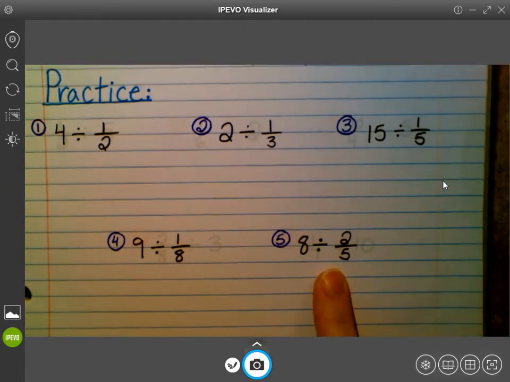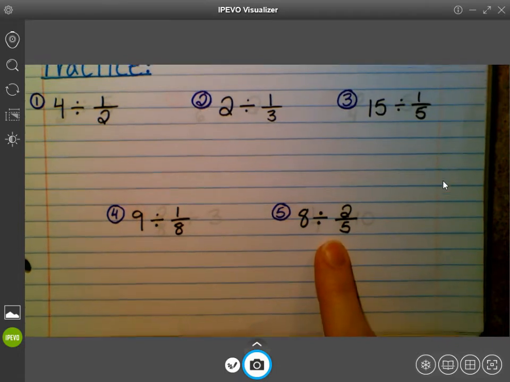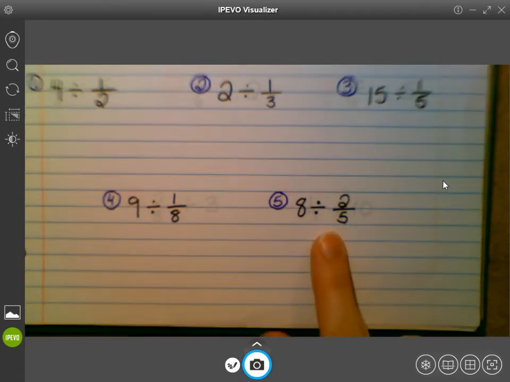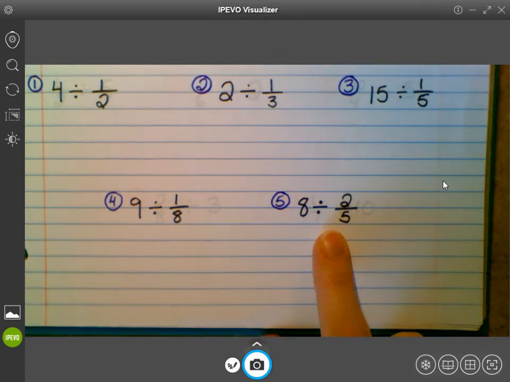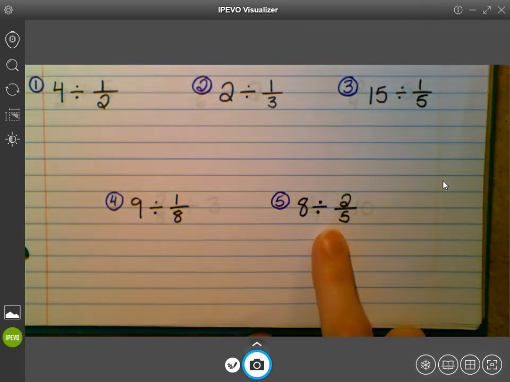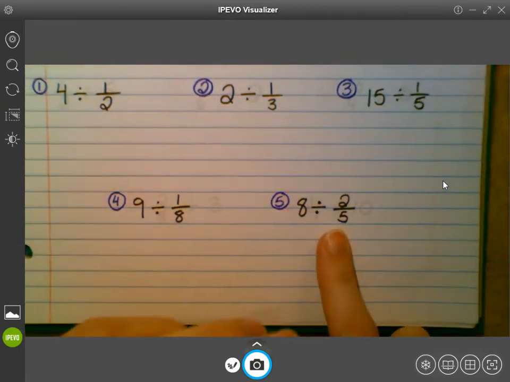And remember, make sure you are simplifying when you are able to. So go ahead, start solving these when you have them written down. I'll know you're ready if I see you quietly waiting, reading, writing, or drawing, or working on spelling homework or something. That works too.